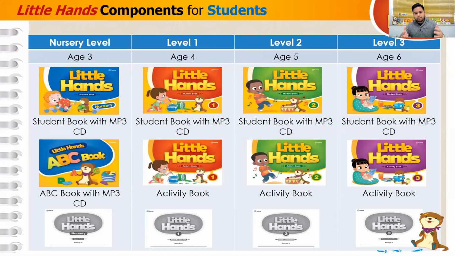Just a brief introduction: whether you're using our books or a different book, it's good to know what resources you have available to you. As long as you know what you have available, then you can adjust what you can do in your lessons.